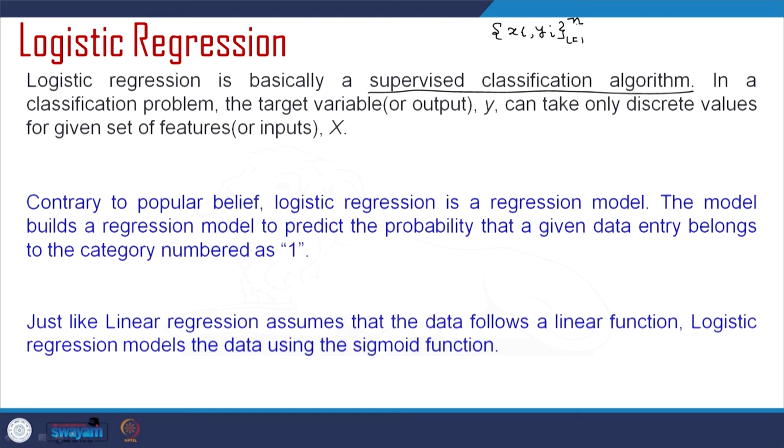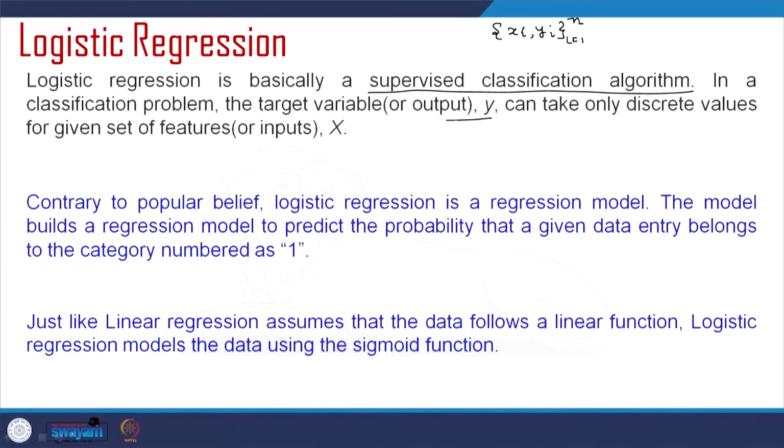In a classification problem, the target variable or output y can take only discrete values, and in fact we are restricting ourselves to binary classification. So, the output variable can take only two values: 0 or 1, plus or minus, true or false, good or bad, and so on.